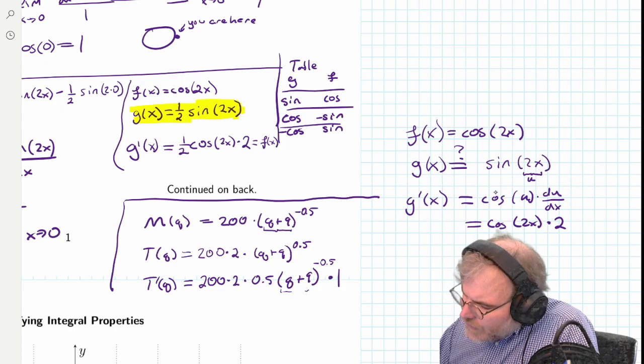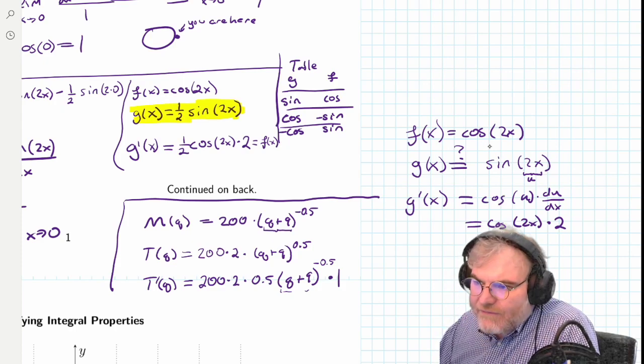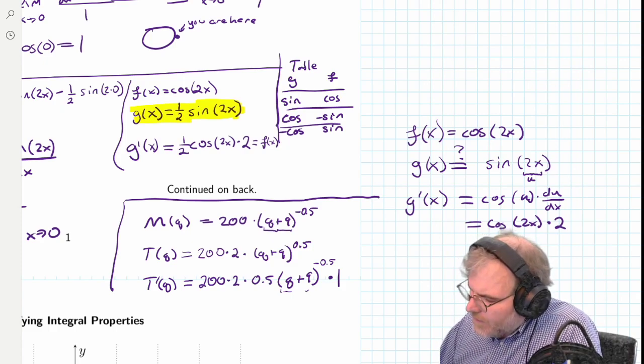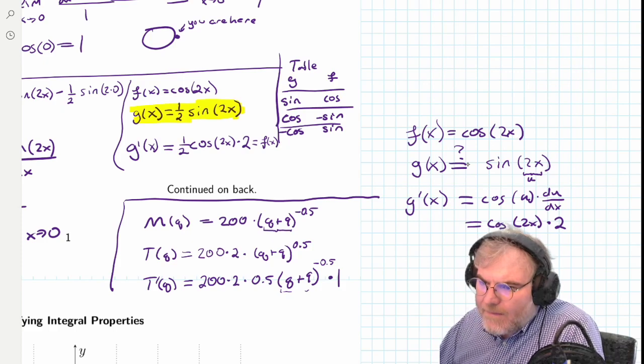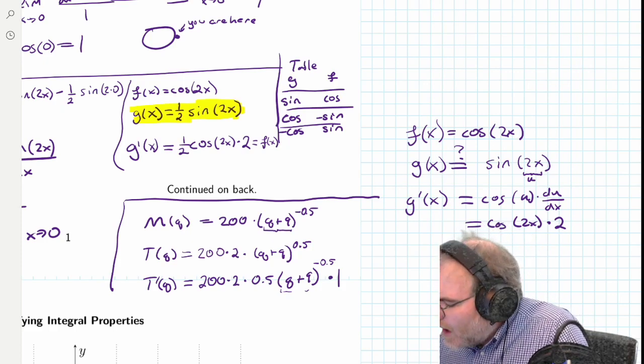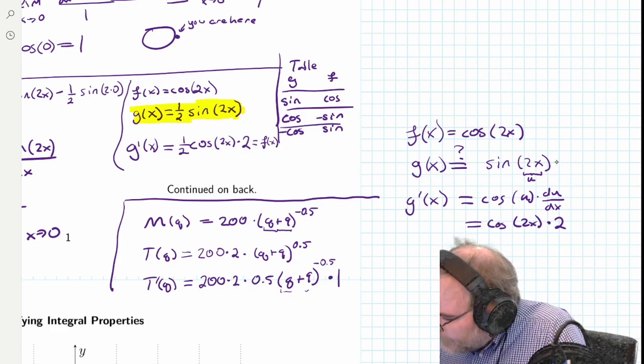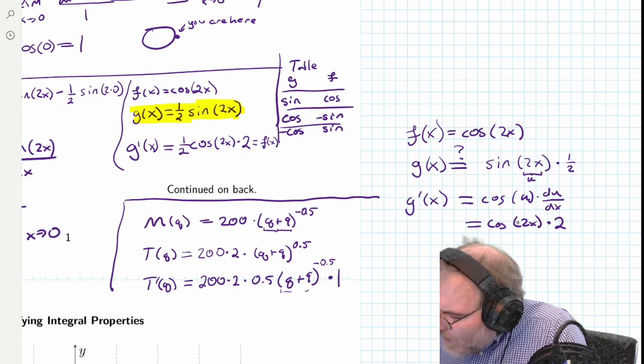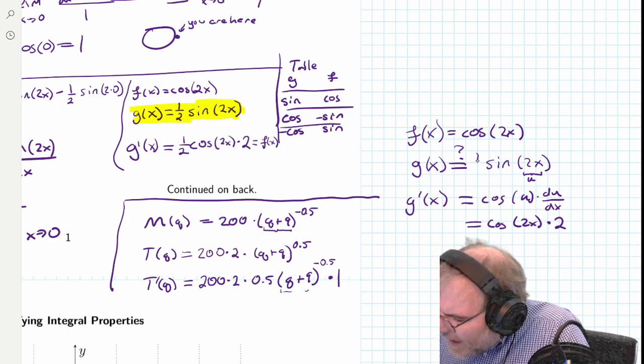Right, so when I took the derivative of the outside, I'm off from what my f is. Here I've got this 2 that doesn't appear there, but it's a times 2. Well, I know how to deal with times 2. I multiply it by 1/2. Now when I take my derivative, I'm going to wind up with a 1/2 at the front. That's going to cancel that.